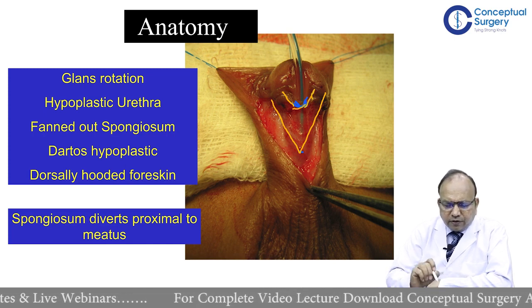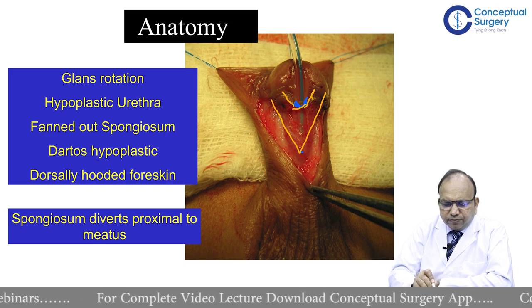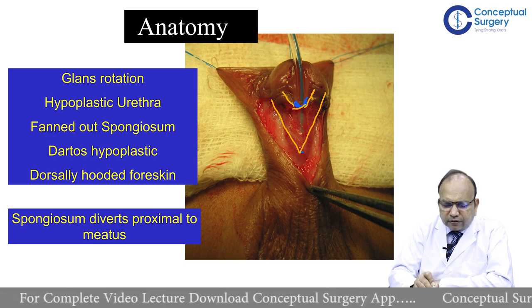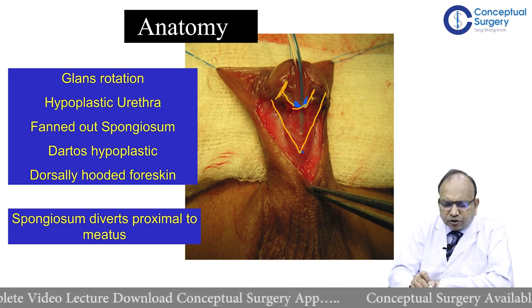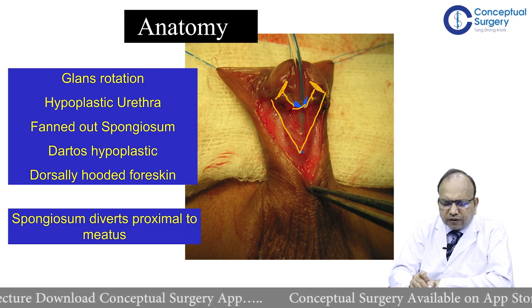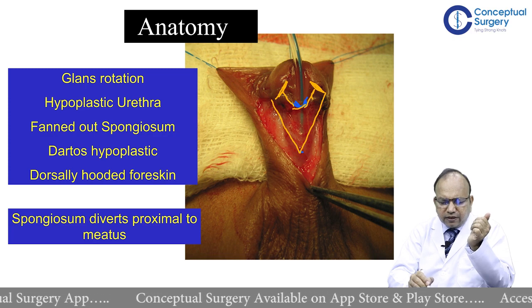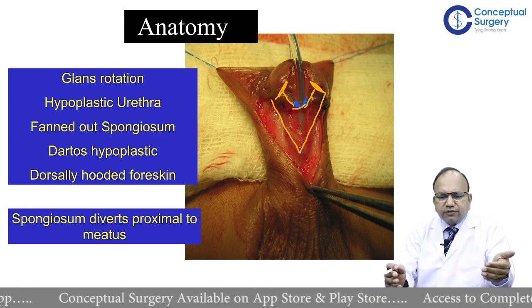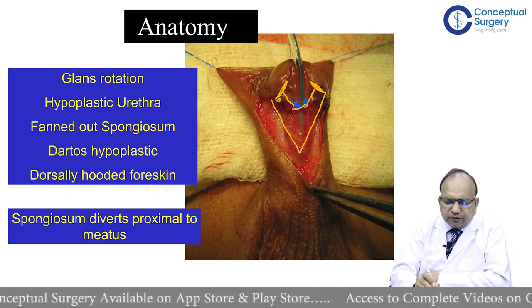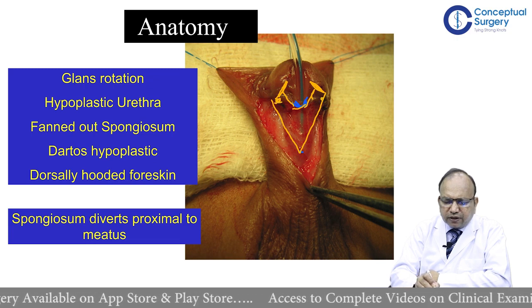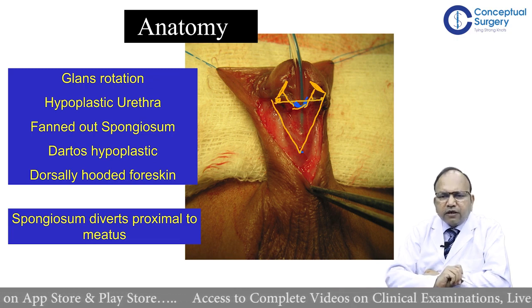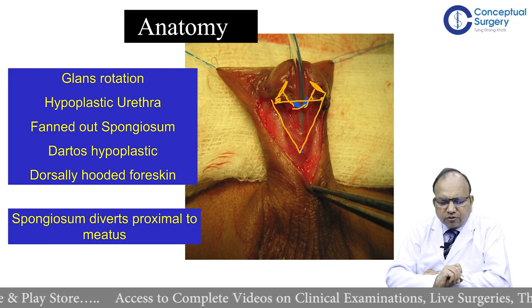Okay. Now glans. If you notice, this was supposed to be the line of glansplasty. The glans was supposed to be joined at this line, but it is deviated. The distance between this and this is actually reflecting the glans abnormality or glans rotation.